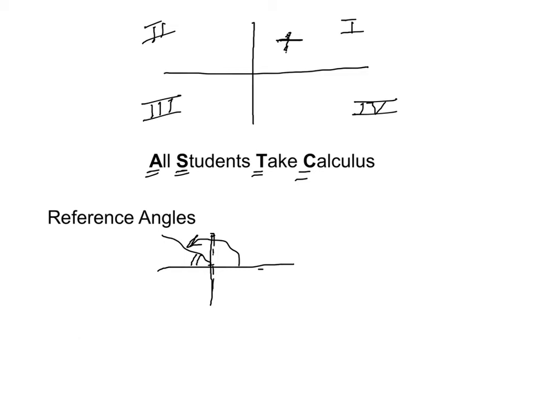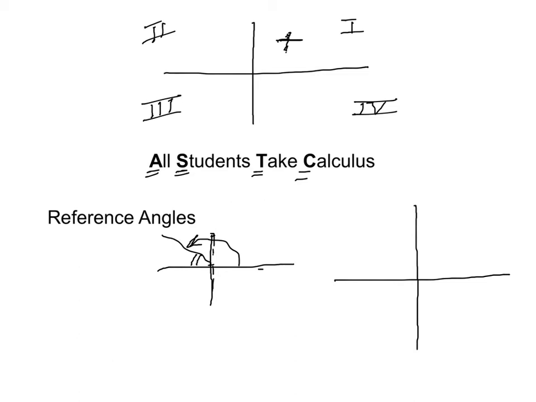So how do we find the reference angle? All right, so let's go back here to assuming we have our horizontal axis and our vertical axis. Reference angle in the first quadrant is pretty obvious. It's equal to the angle, okay? If you're in the second quadrant, how do you find the reference angle?